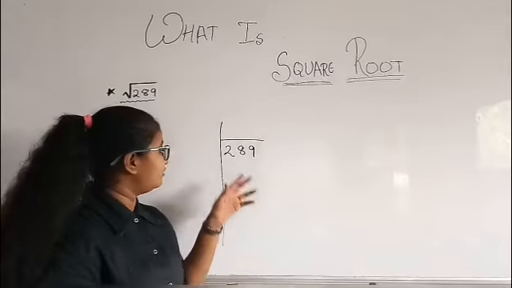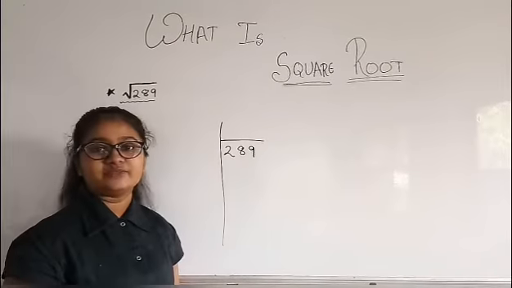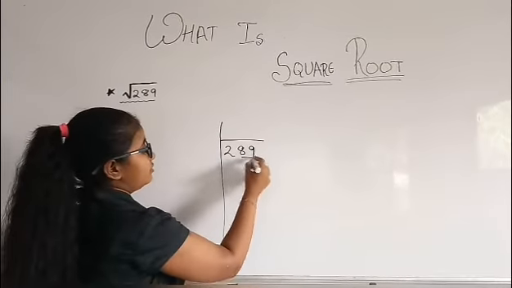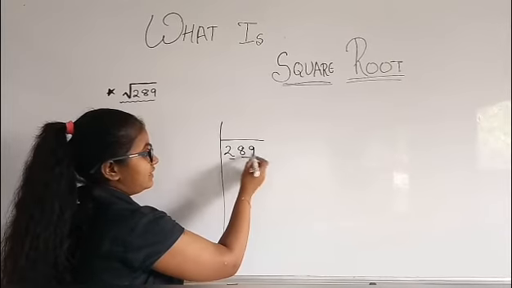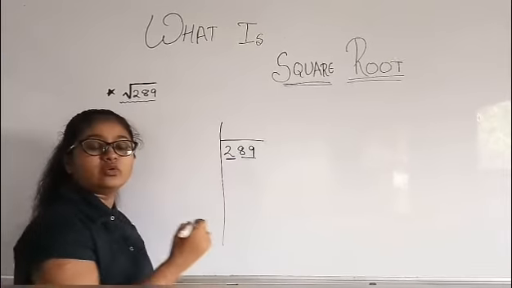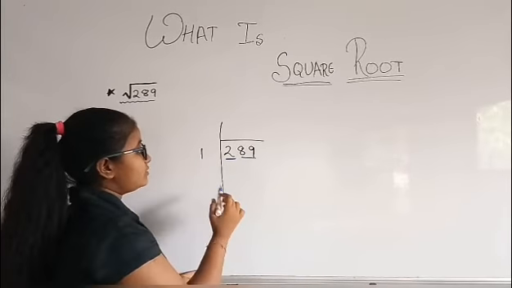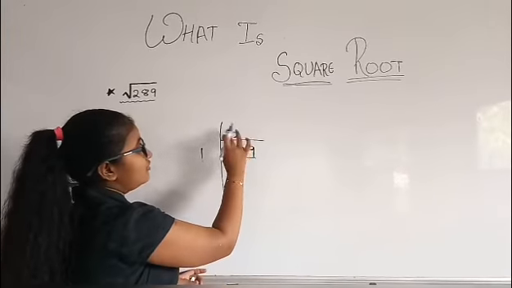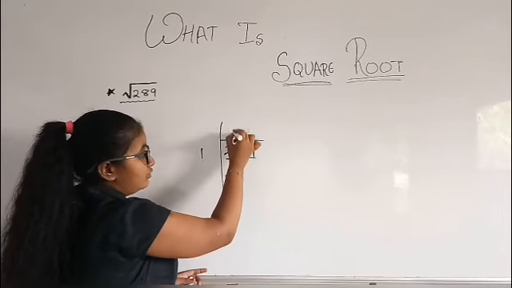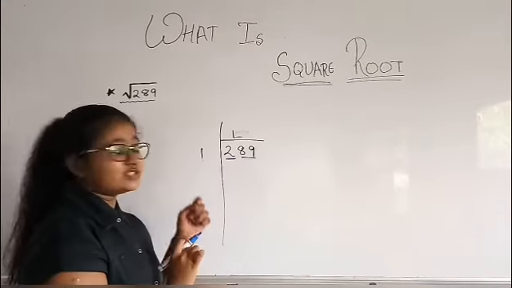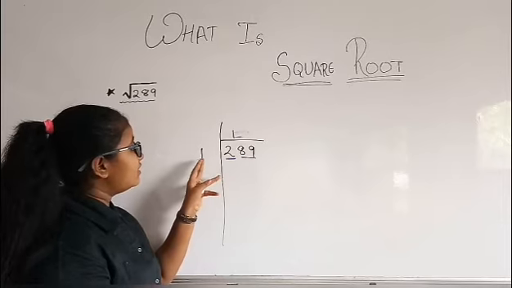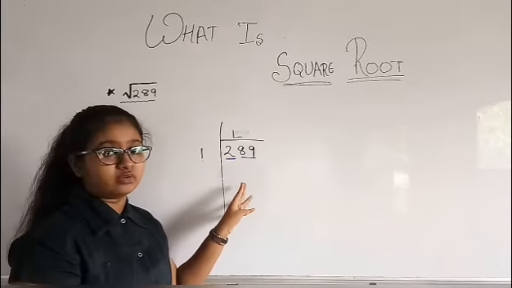Now we will try to find the square root of 289. We have to divide this number from the back first. It is 89 and 2. We can only write a perfect square number. If we write 1 here, we have to write 1 here also. So we will take 1, as if we take 2, it will be 4 when we multiply.